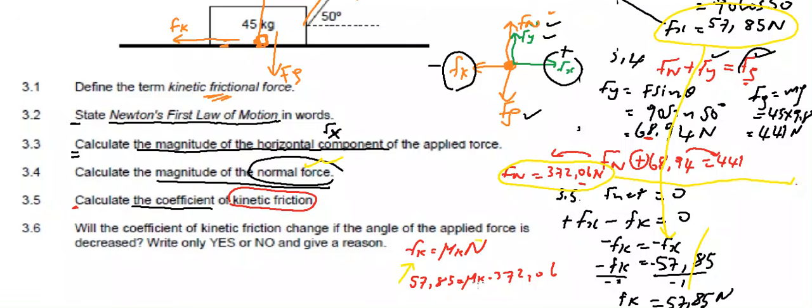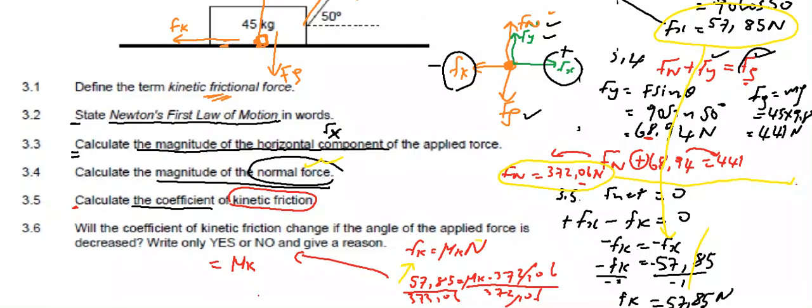372.06. Then since we want the coefficient, we divide by 372.06 on this side too. Then that cancels that. So we leave the coefficient of kinetic friction alone on that side, which is equal to, let's press the calculator here.